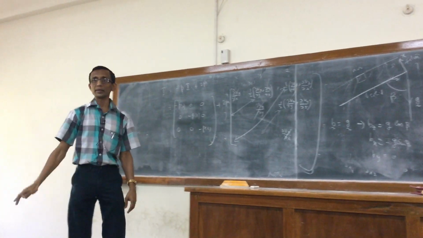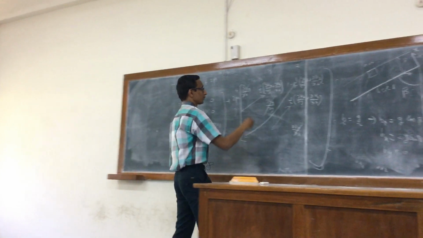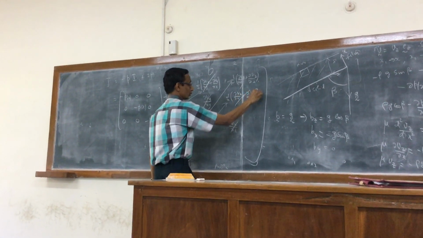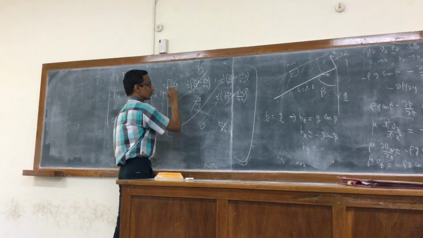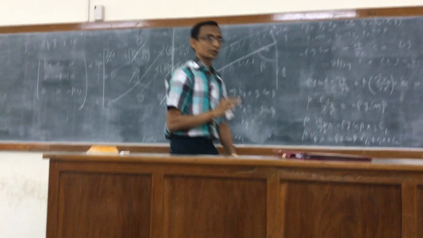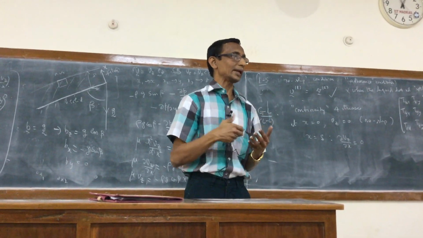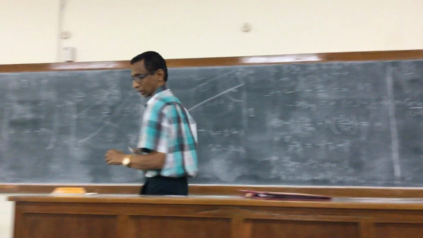A whole lot of these terms are going to cancel and become 0. This is 0. This is also 0. So obviously this is 0. The only two terms that come in the off-diagonal, they are both equal to each other. This is Dxz and Dzx is what would come.